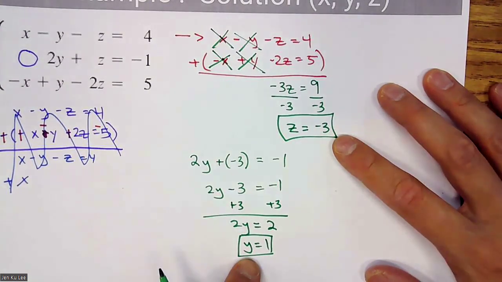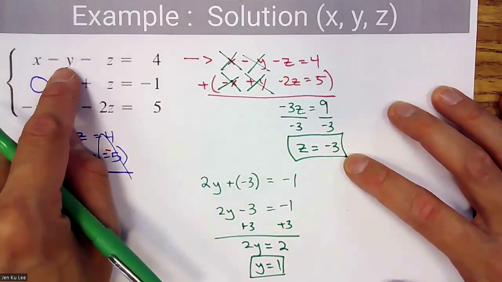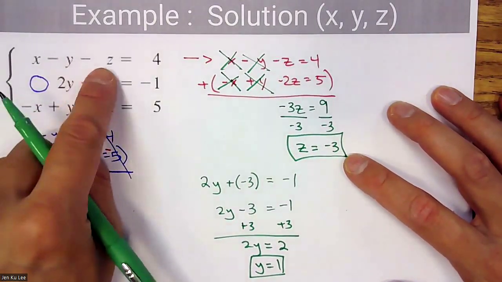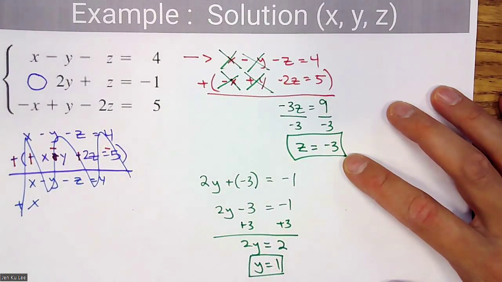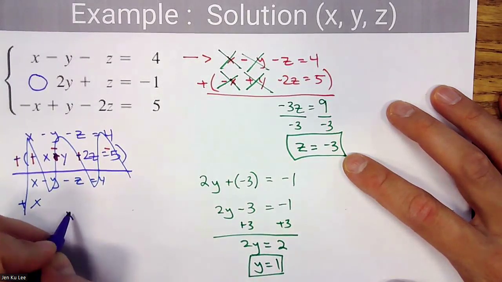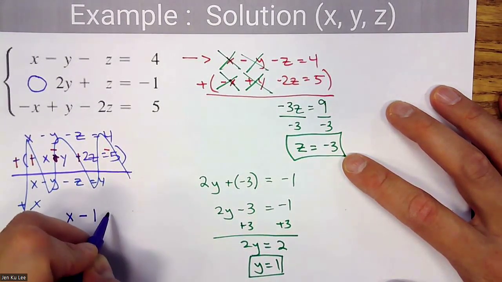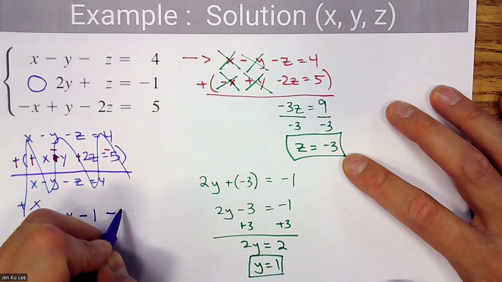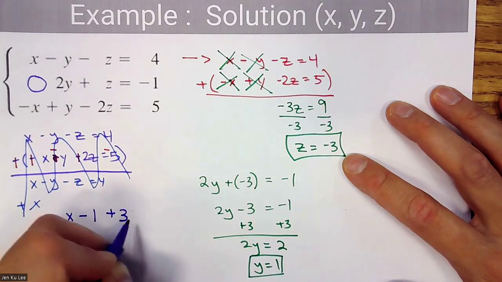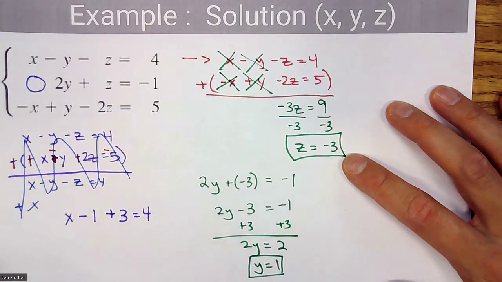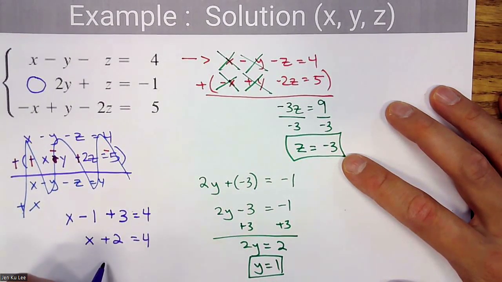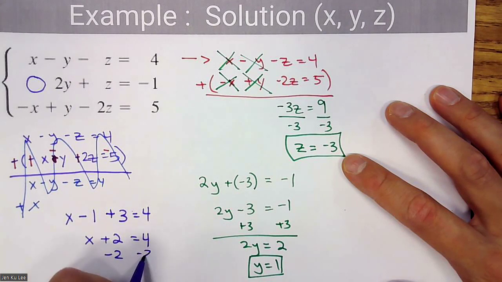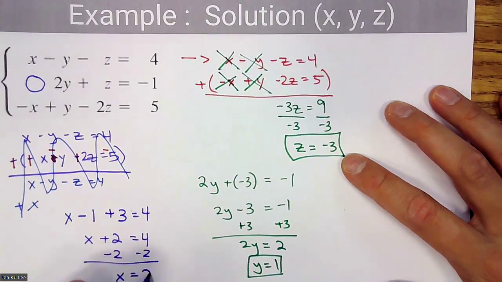With y and z in hand, I can plug it into the first equation to solve for x. Okay? So that's x minus 1 minus negative 3, which is plus 3, equals 4. So x plus 2 equals 4. Subtract 2, subtract 2. x would equal 2.